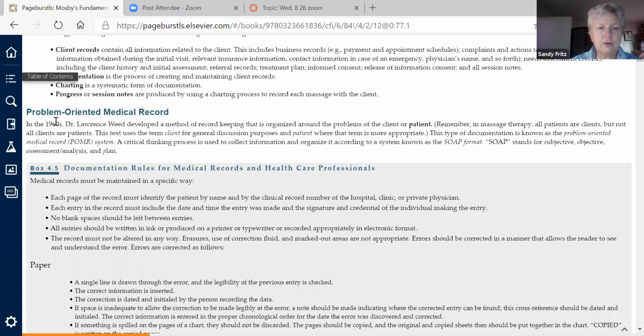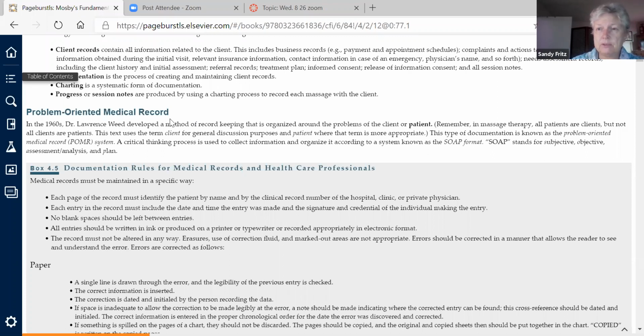What we tend to use, and there's lots of styles, is a problem-oriented medical record, and most of this is now done electronically. And in small practices, you still might use paper records.